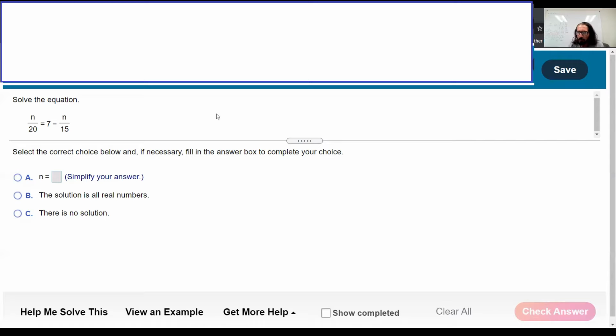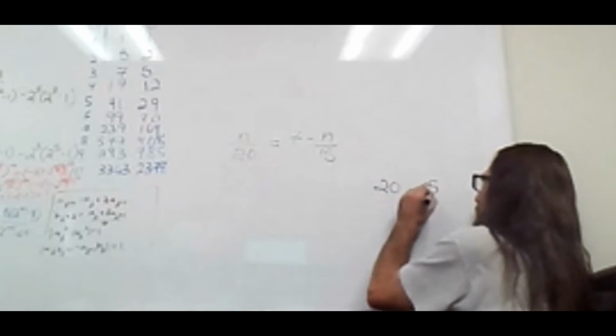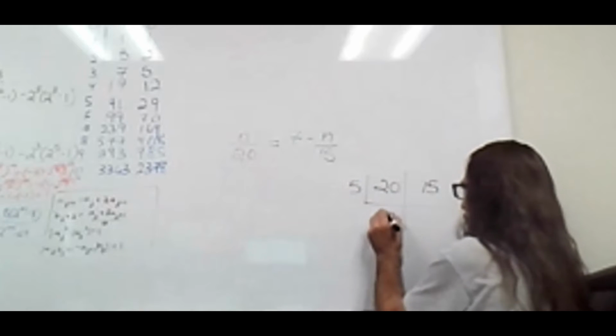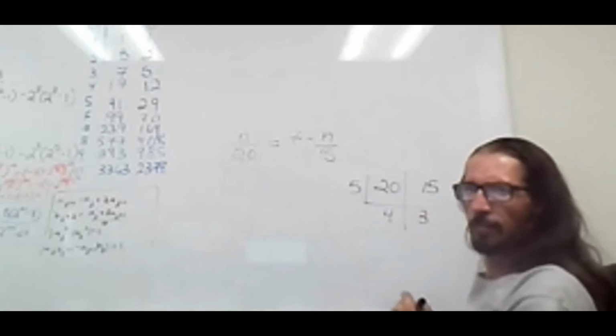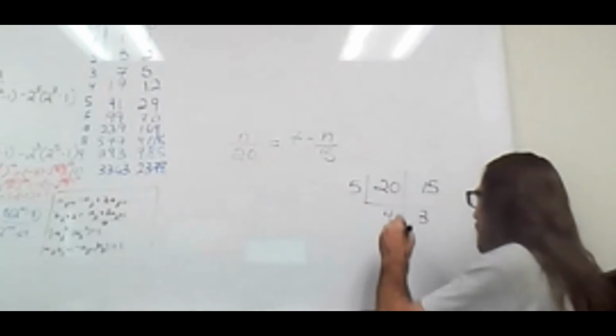However, if you don't like dealing with fractions, then we could get a least common denominator. 5 will go into both of those. That's a factor, not a multiple.